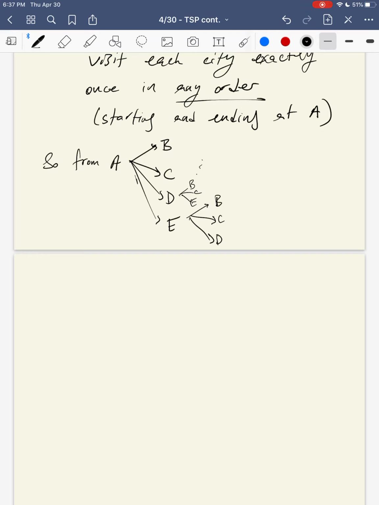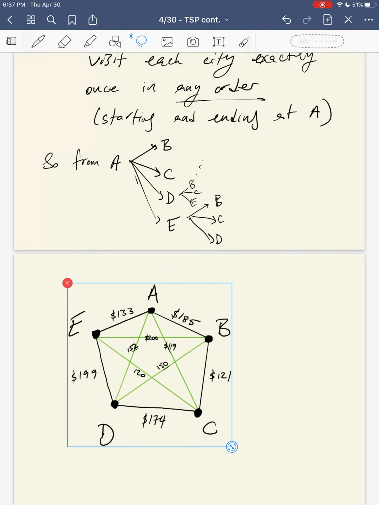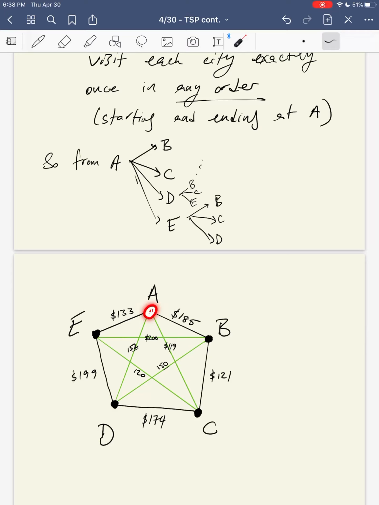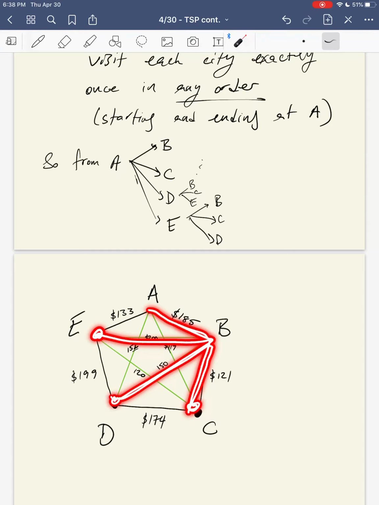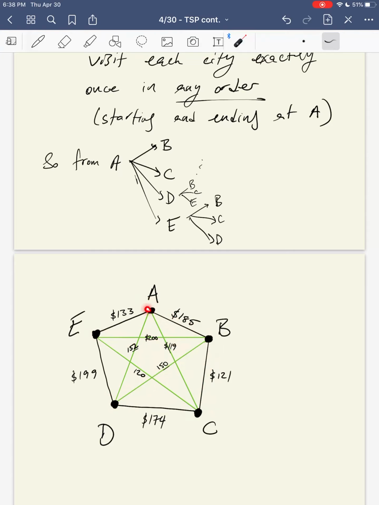So in this version, we have 1, 2, 3, 4 different places he could go to begin with. And then, say he goes to B. Now he has 1, 2, 3 different places he could go second, because he can't go back to A. And say he goes from A to B and then to D. Well, how many places can he go next?